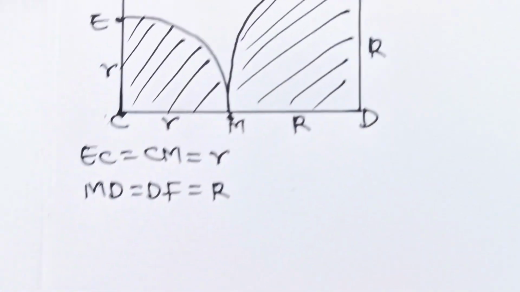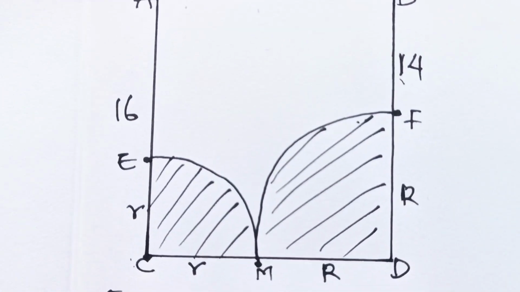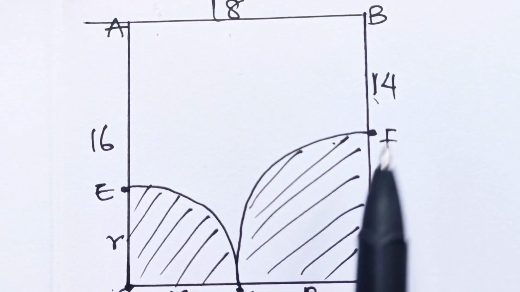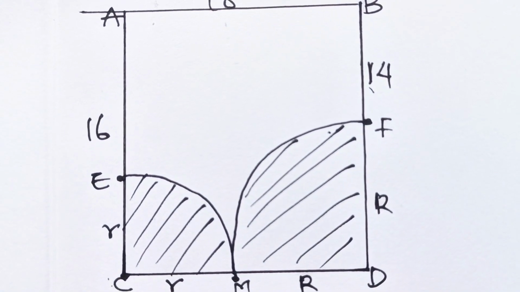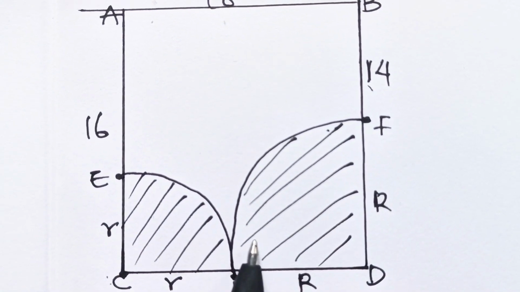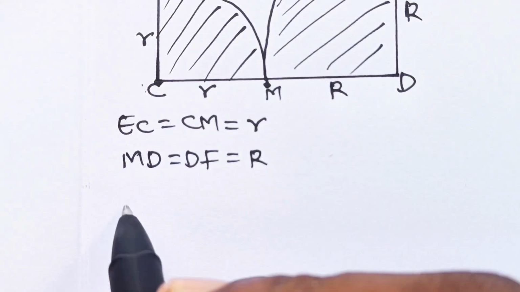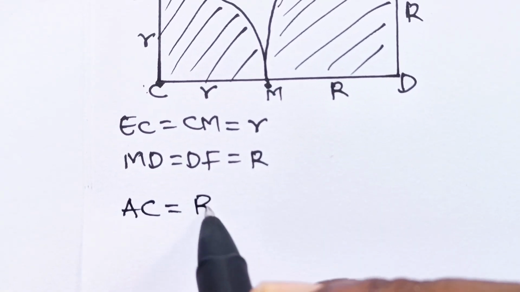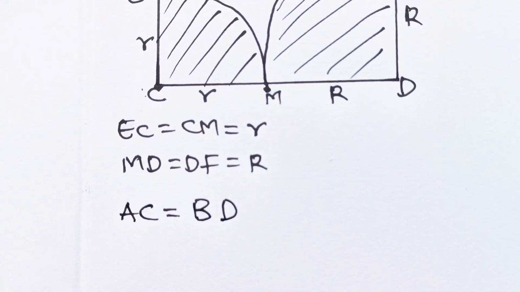Now look at this. Remember that, like I said, AC will be equal to BD, and that is because this is a rectangle. So we can say AC is equal to BD.